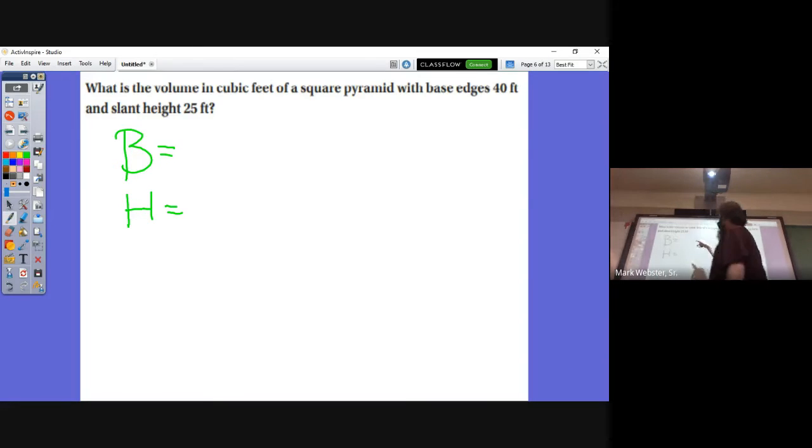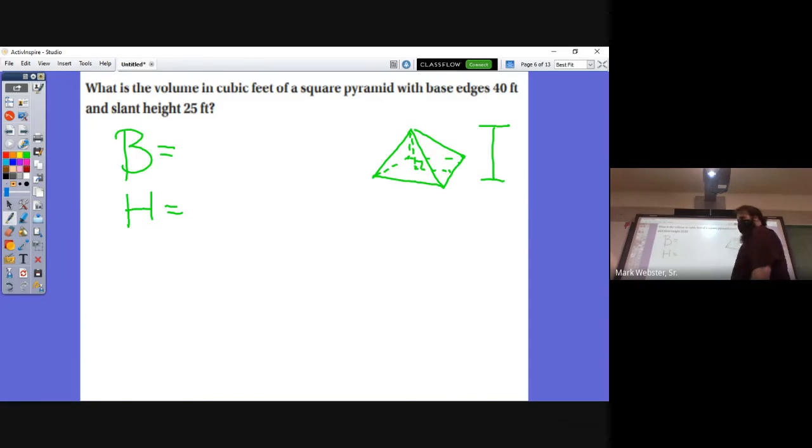So, first of all, a couple things that might help us is to visualize this a little bit. We have the slant height, but we want the actual height, so we want to figure out what these things on the inside are.